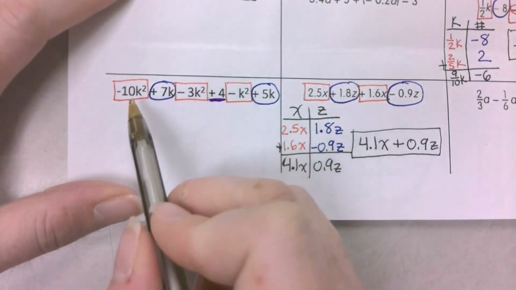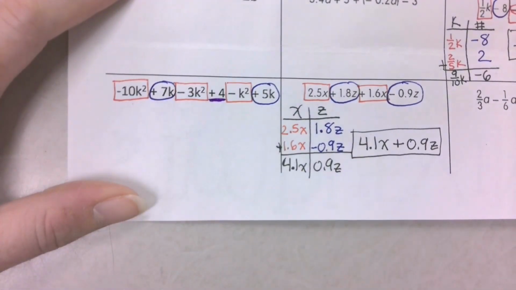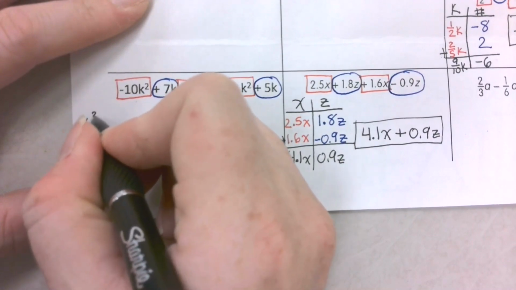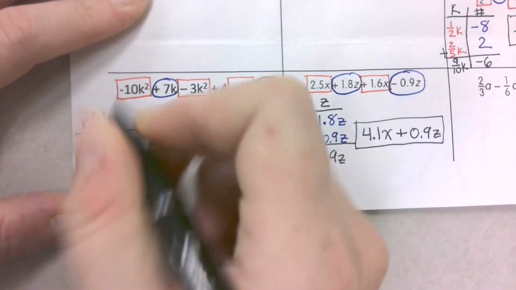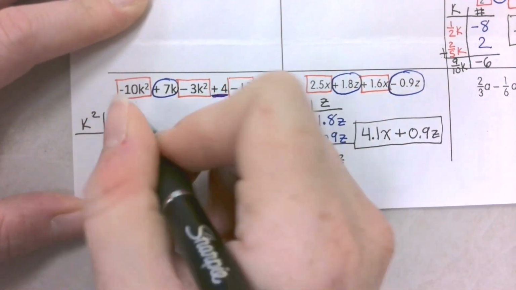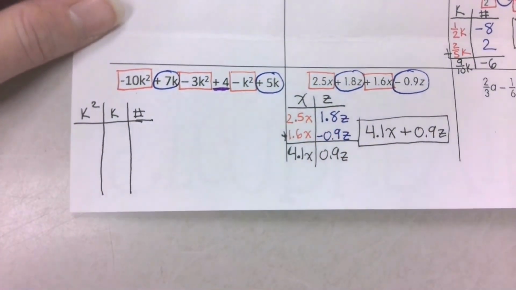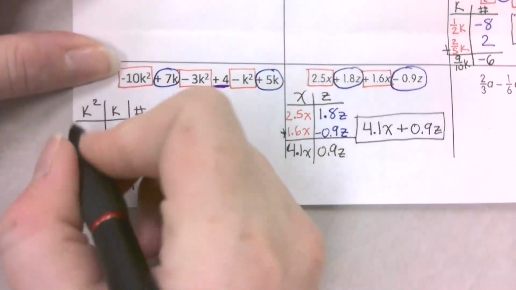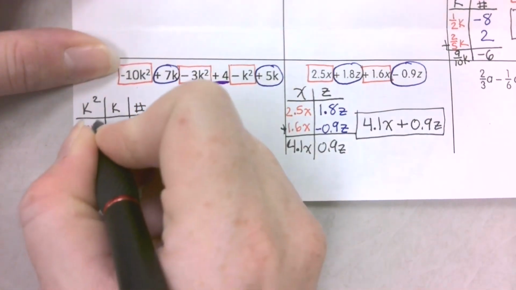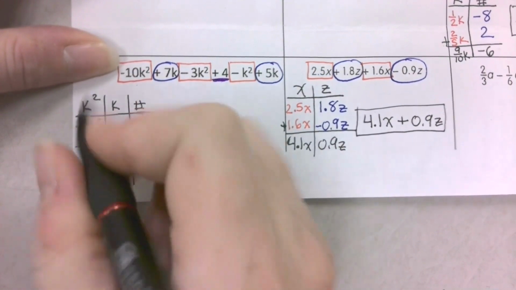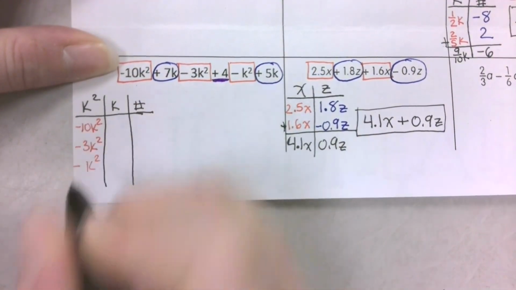That means that I need 1, 2, 3 columns because I've got 3 colors. So I've got k squared column, k column, numbers column. In our k squared column, we will have negative 10k squared, negative 3k squared, and negative k squared.